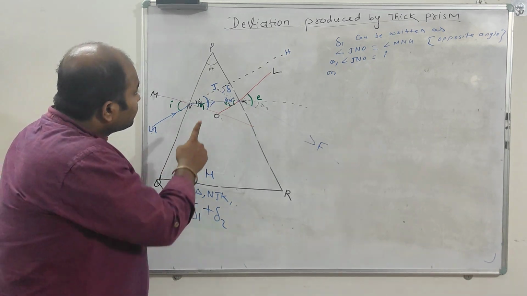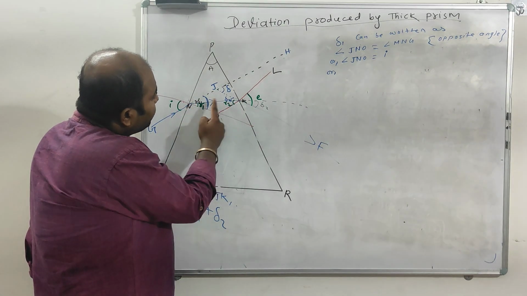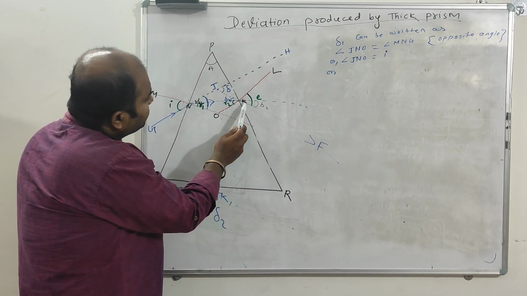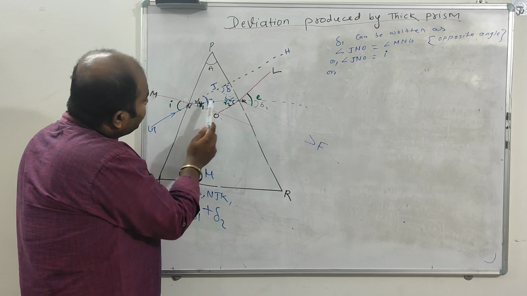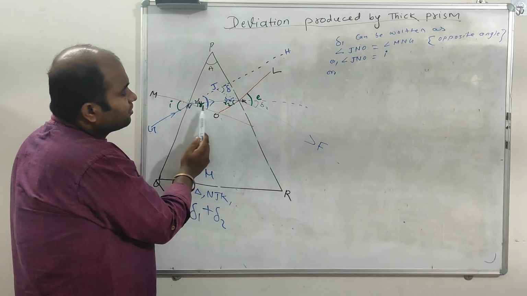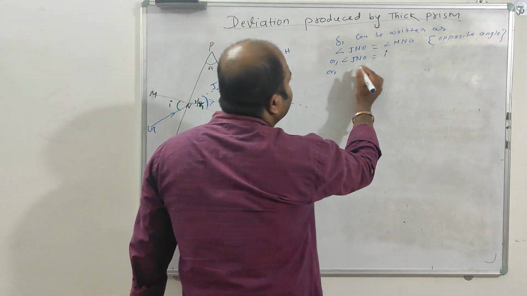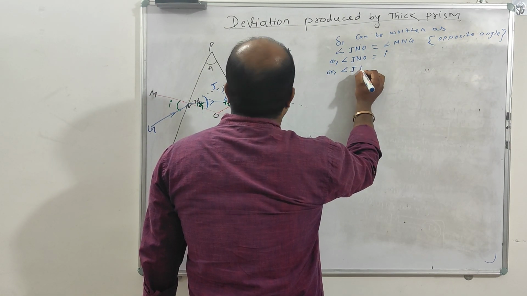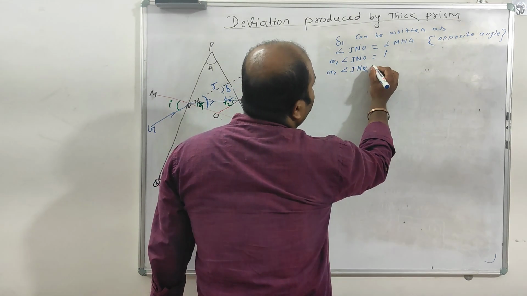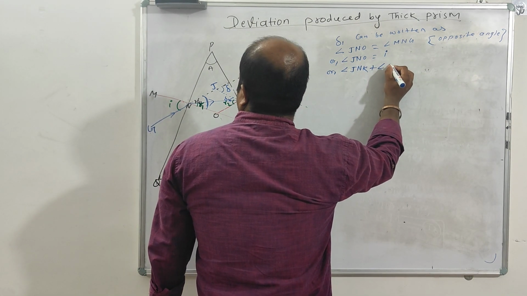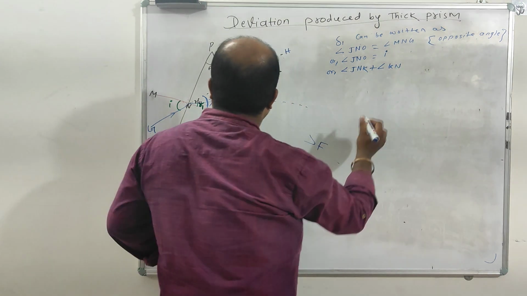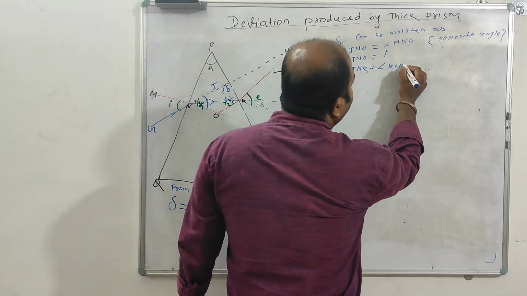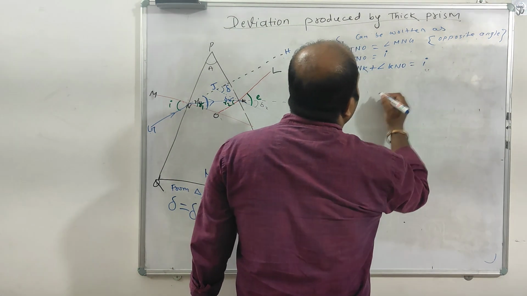Concentrate here: angle JNK plus angle KNO. So angle JNO can also be written as angle JNK plus angle KNO, and angle KNO equals I.